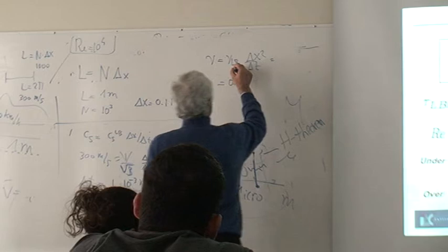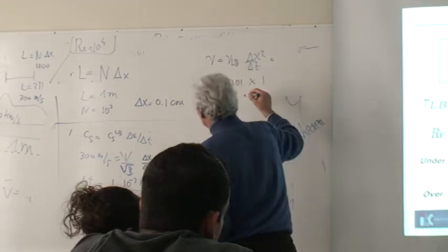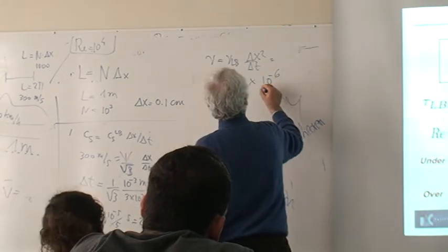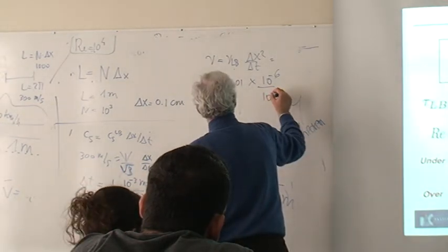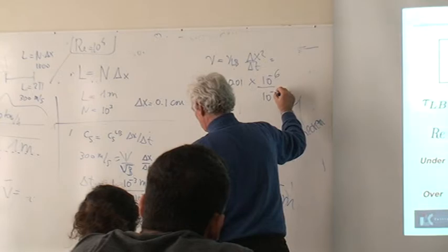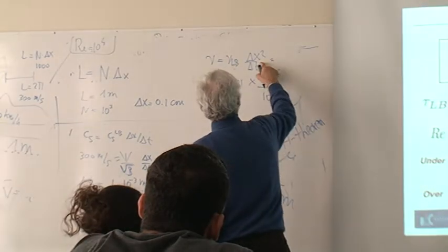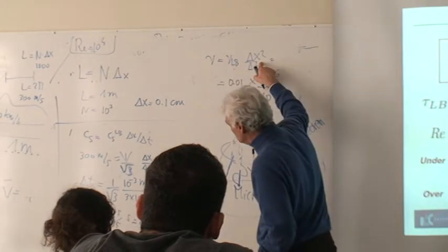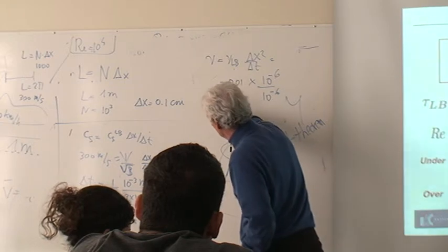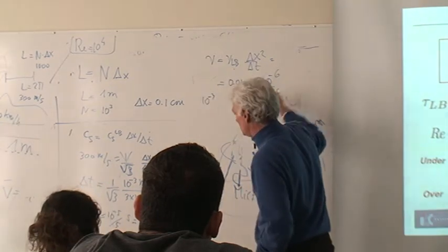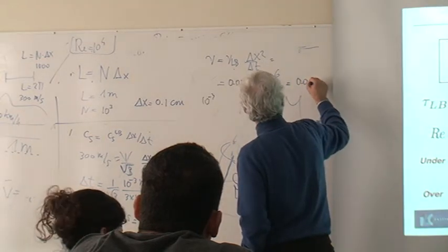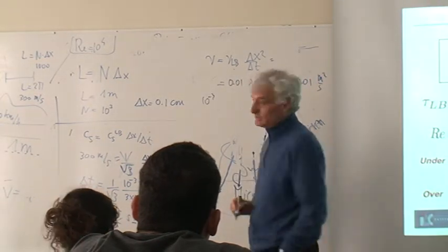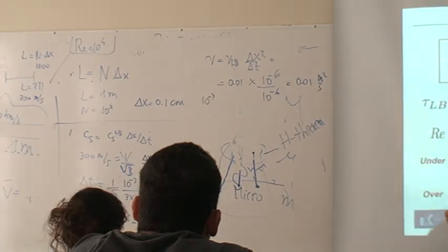So at this point I will have 0.01, times 10 to minus 6 meters squared, since delta x is 10 to minus 3 meters, over delta t, which is of the order 10 to minus 6 seconds.